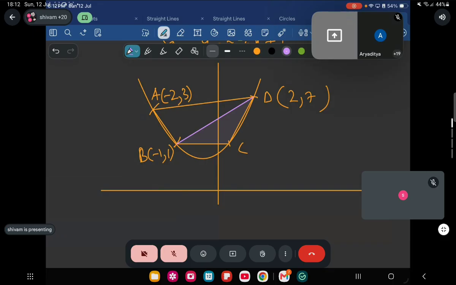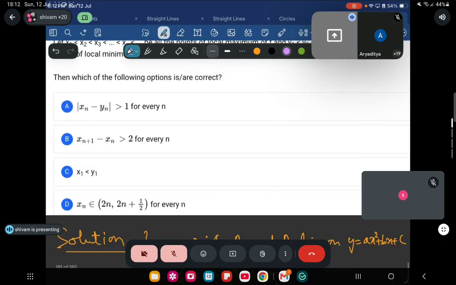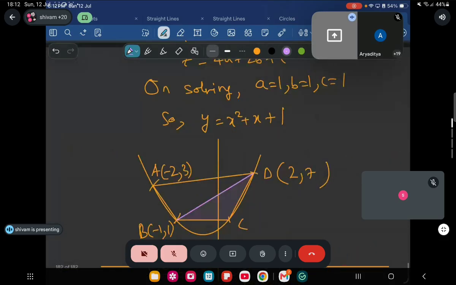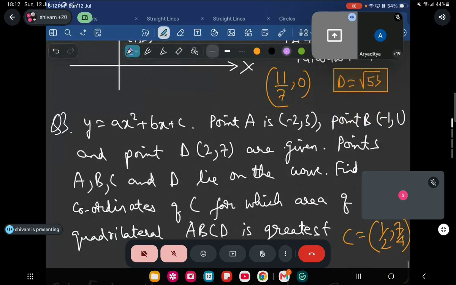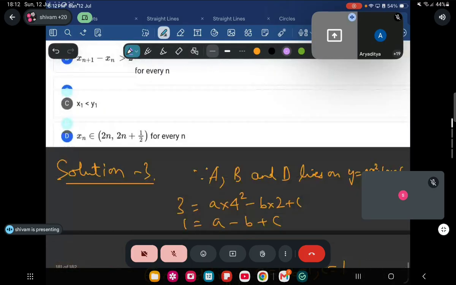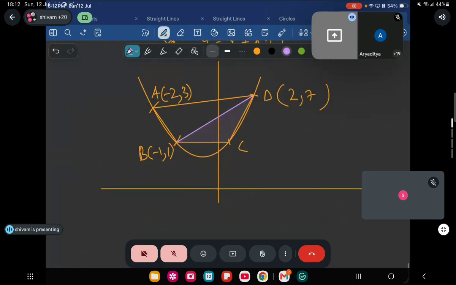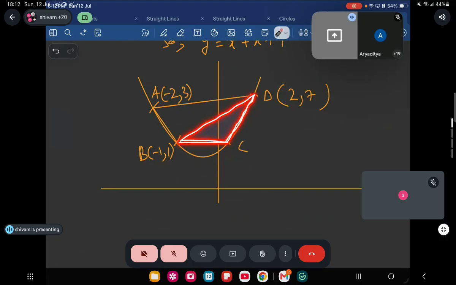It's not possible, right? So for area of quadrilateral to be maximum, right? In the question it is written, area of quadrilateral is maximum. For area of quadrilateral to be maximum, area of triangle BCD has to be maximum. Right, tell me. For area of quadrilateral to be maximum, area of triangle BCD should be maximum. Tell me, Trina, are you getting or not?